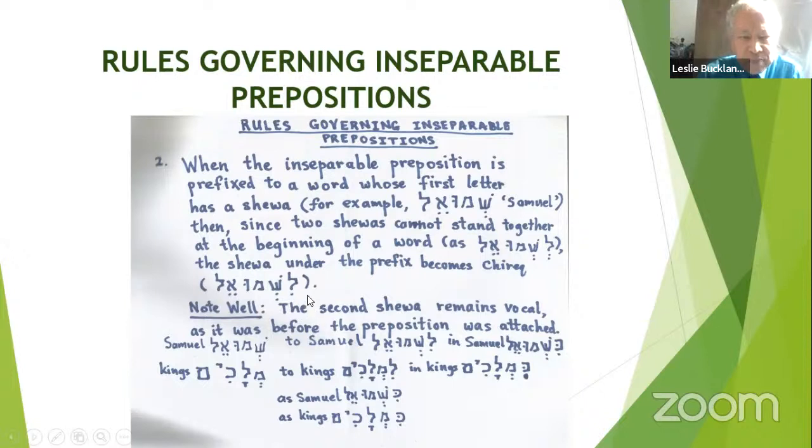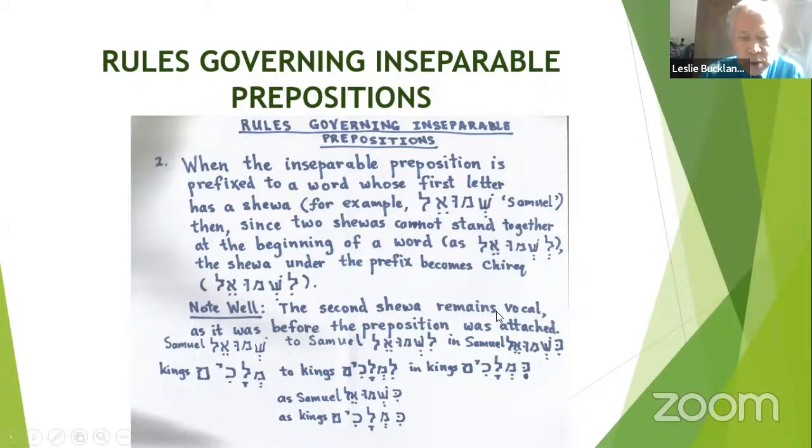And that is that when you have that inseparable preposition with the simple schwa under it, the preposition loses the simple schwa, and the simple schwa is lengthened to a short I sound, and you hold on to the simple schwa which is at the beginning of the noun. So you have li shemuel, not lishmuel, but li shemuel.